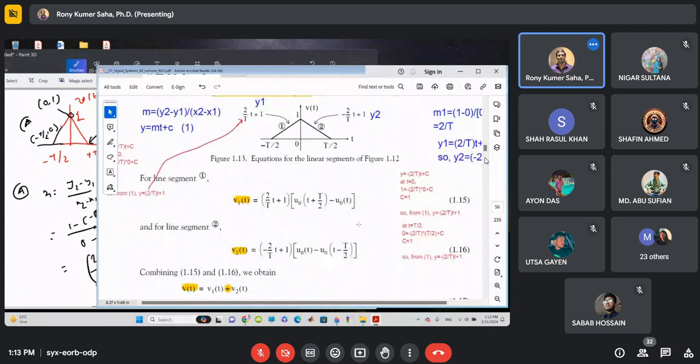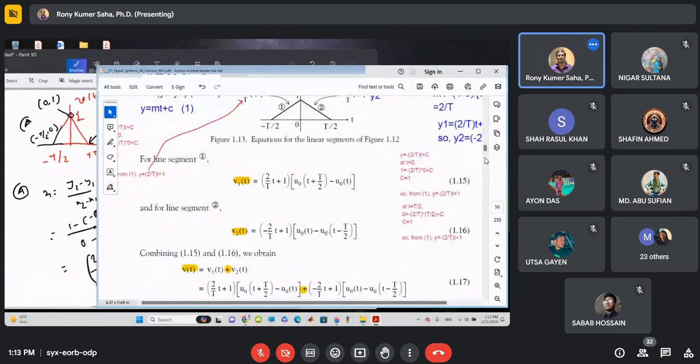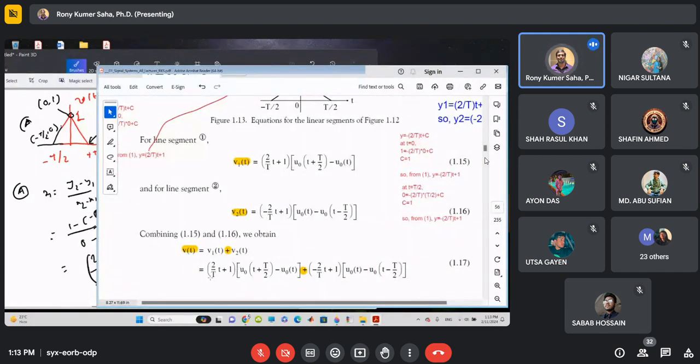So this is it. The resultant expression is the same, and that is how we can express any given function in terms of unit step functions.